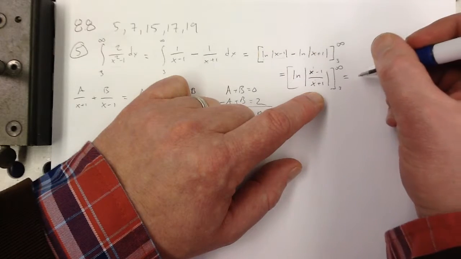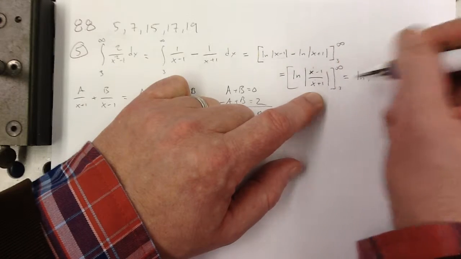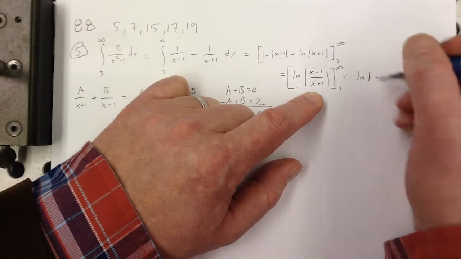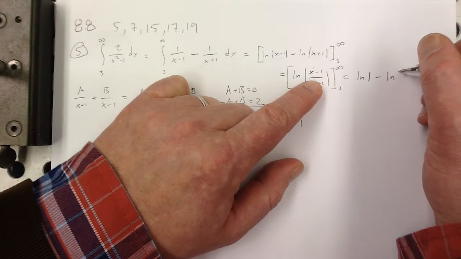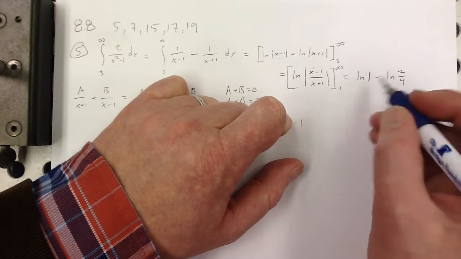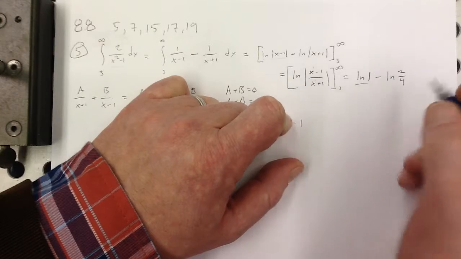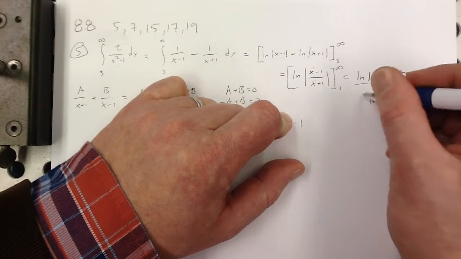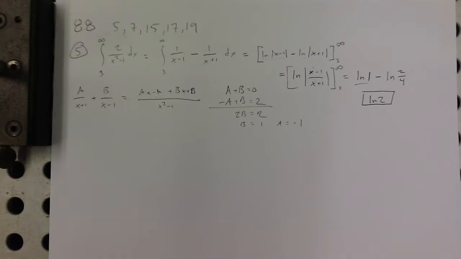So I get the natural log of 1, because this is approaching 1, minus, when I plug the 3 in, the natural log of 2 over 4. Using what we know about logarithms, that's 0, and the negative sign can come in and flip that over. I get that this converges to the natural log of 2.